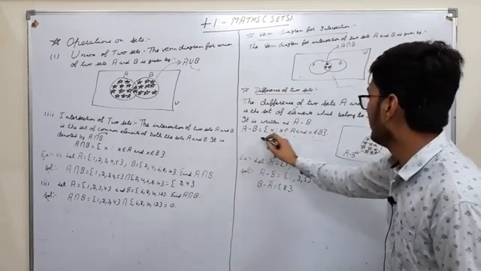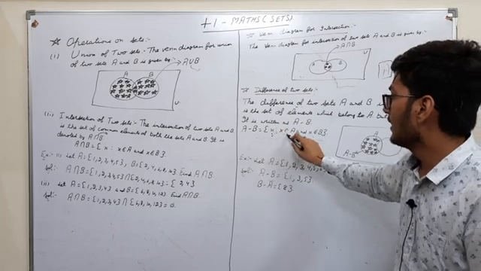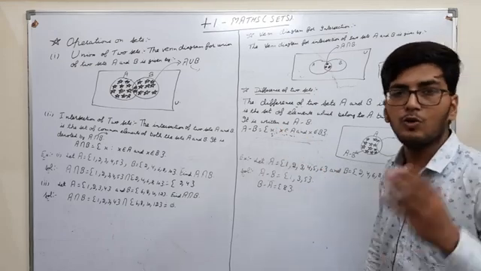So this is the definition of A minus B: all those elements x such that x belongs to A but does not belong to B.